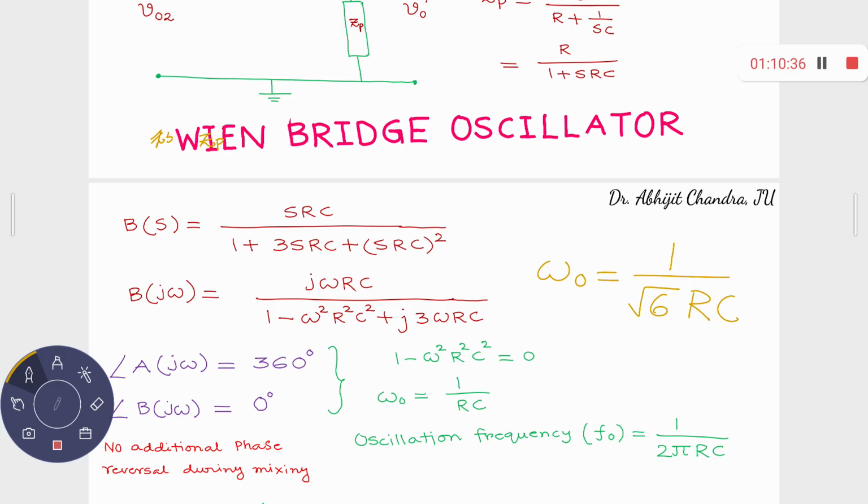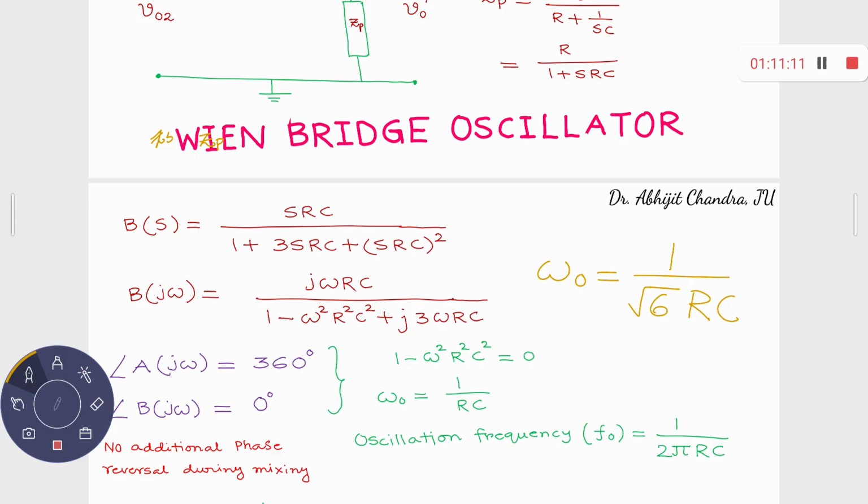But still we are not happy, because with typical R and C, these RC oscillators provide the oscillation frequency in the range of kilohertz, not more than that. So if you would like to have a higher frequency, we have to move from the RC oscillator to the LC oscillator.